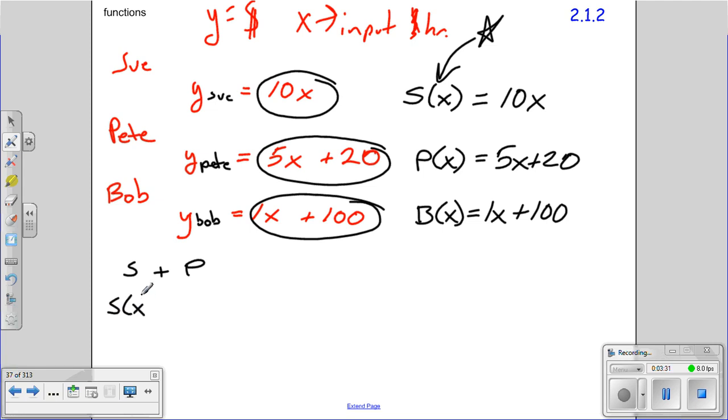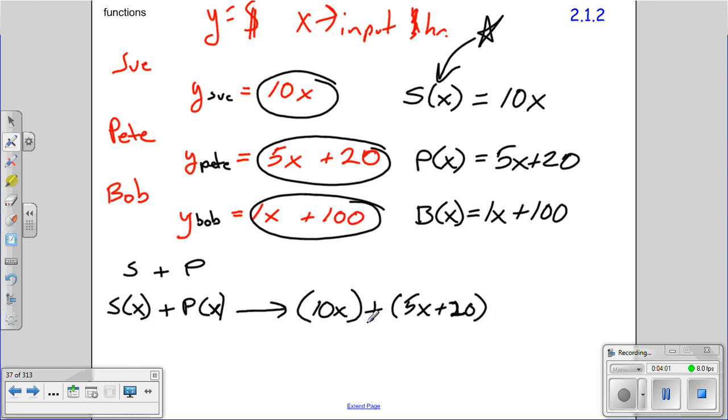I'm going to add the function of Sue's money plus the function of Peter's money, which is 10X plus 5X plus 20. And we just combine like terms. Together they make $15 an hour, and they start off with 20 bucks.